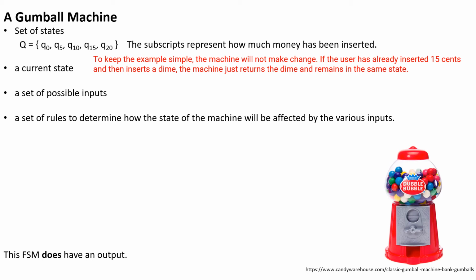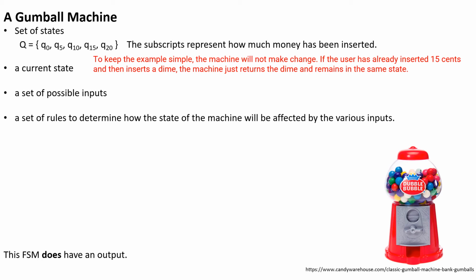Now, what we're doing in this example here is to keep things simple. We're going to pretend like that machine doesn't give change. So if you've already put in 15 cents and then insert a dime in there, then that's too much money. It's not going to keep 5 cents and give you 5 cents back. So it's not going to be that smart.